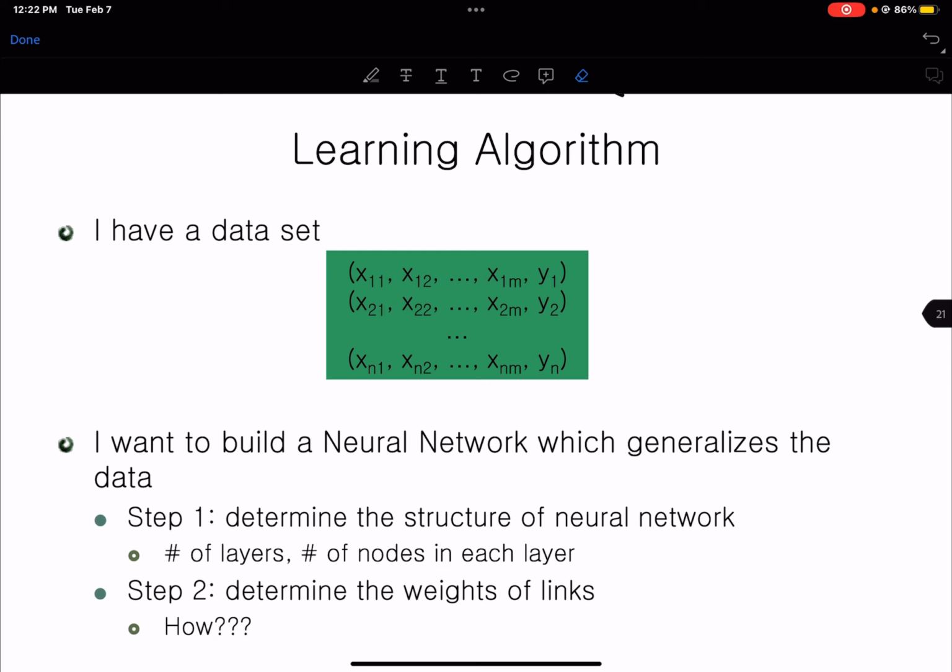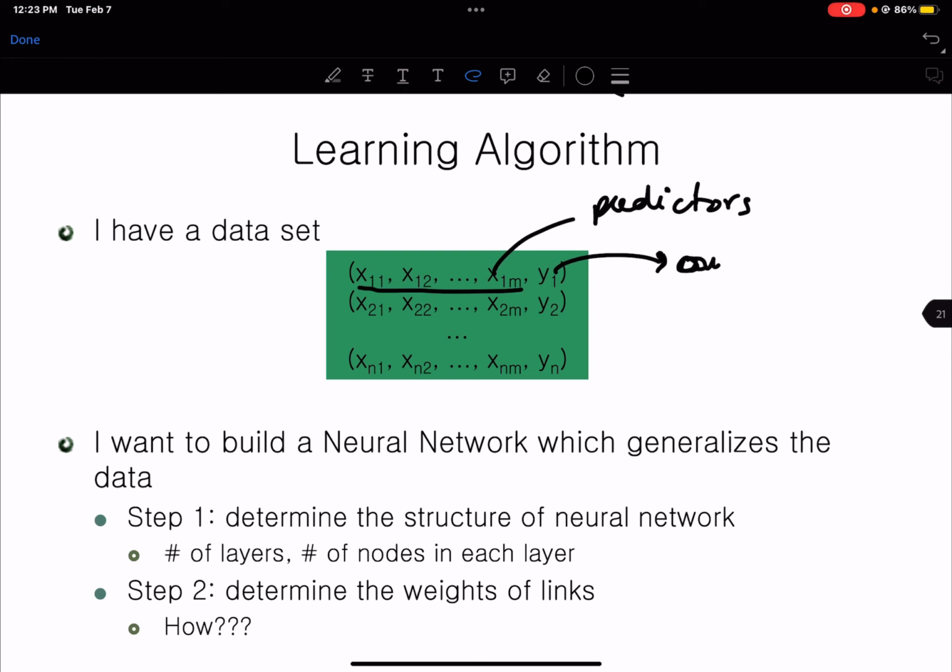It is composed of your input x1, x11, x12 up to x1m, where these are your predictor variables, or now we can call them features, and this is your output or your target. This will be your target, and these x's are your input.